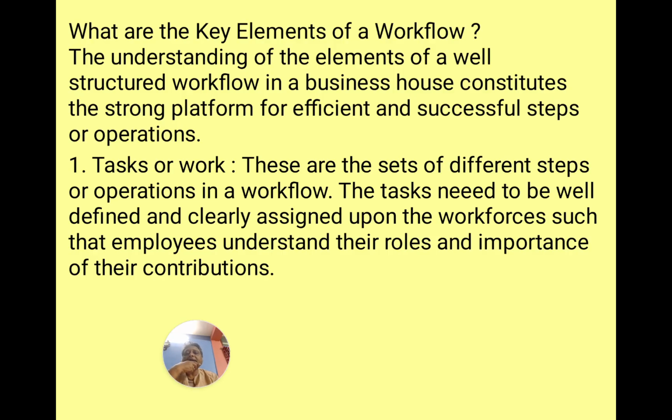Now today I would like to discuss the key elements of a workflow. The first question is, what are the key elements of a workflow?